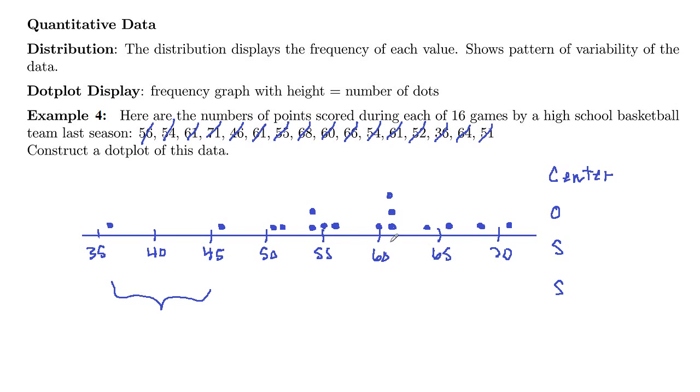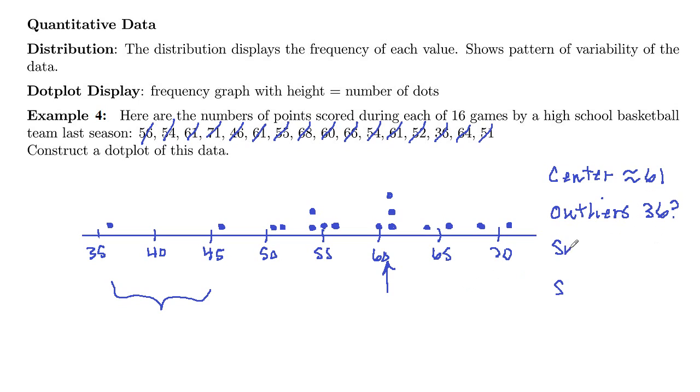But the rest of this, the center looks like it's probably around 61 approximately. Outliers, possibly this 36 because it's got a gap with the rest of the data. We'll learn better how to determine outliers later in the course.